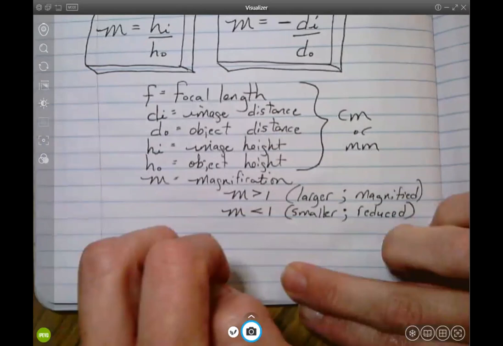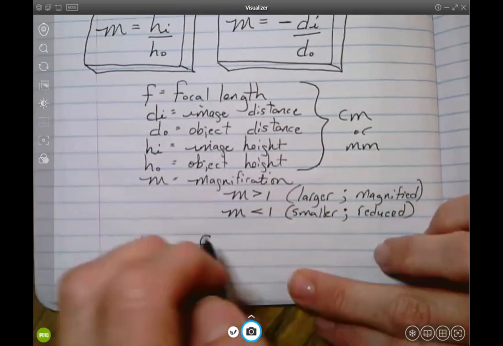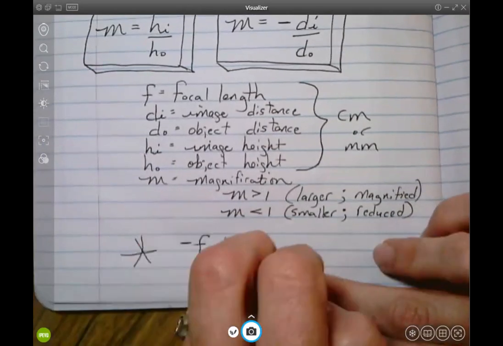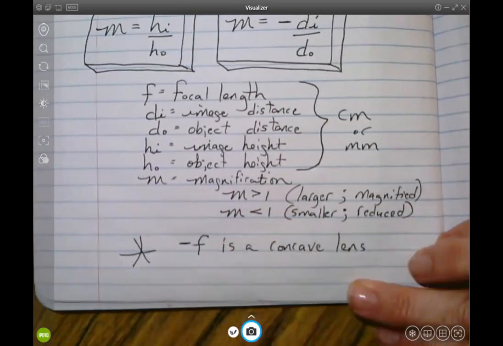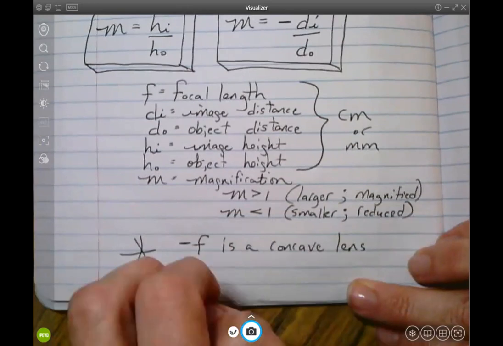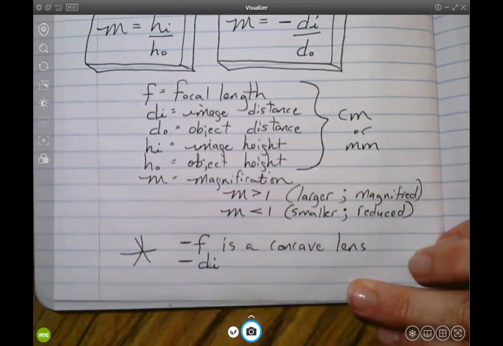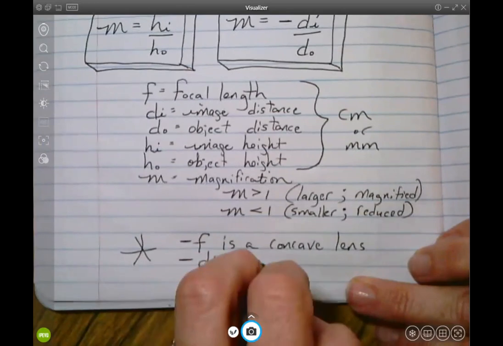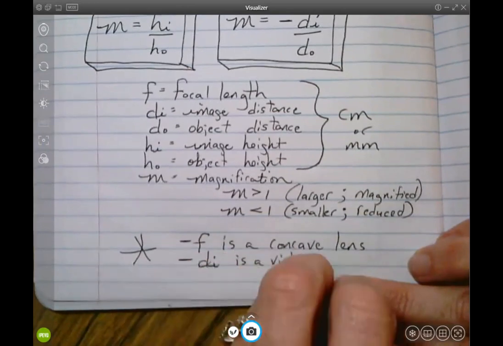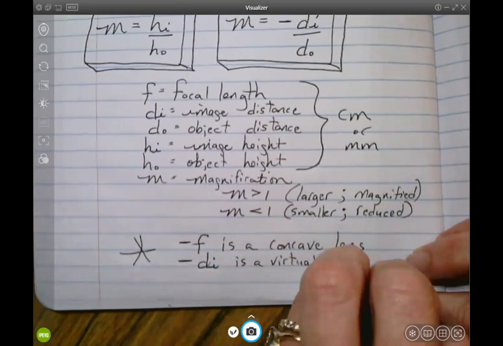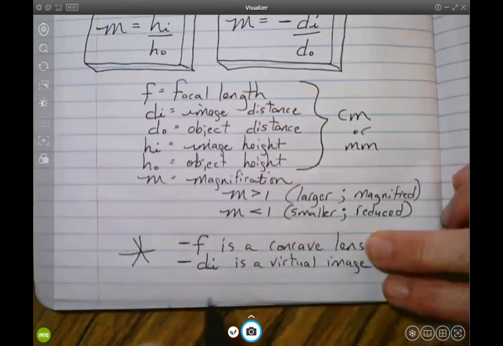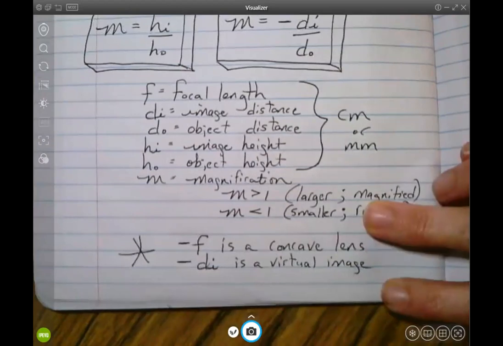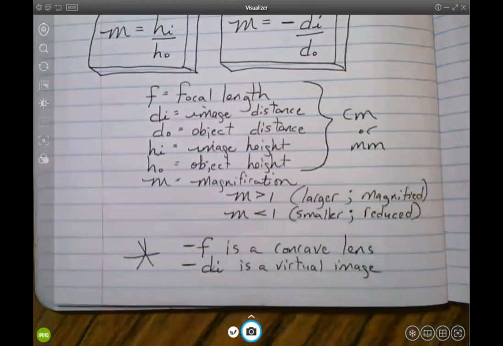Negative F implies a concave lens. And a negative image distance is a virtual image.